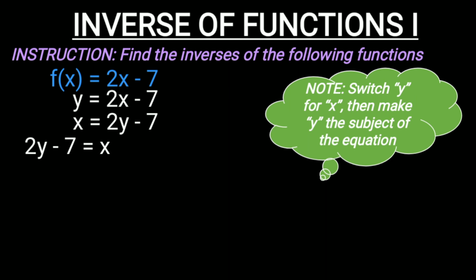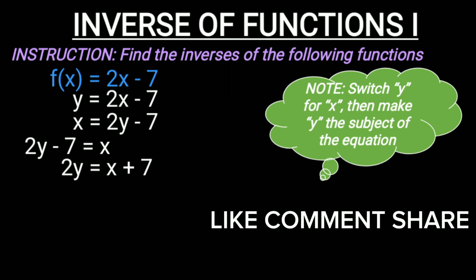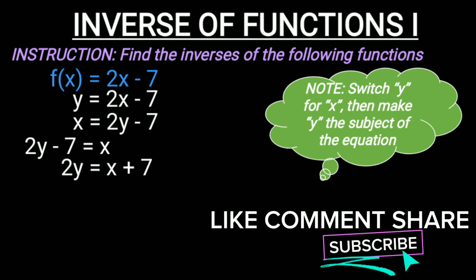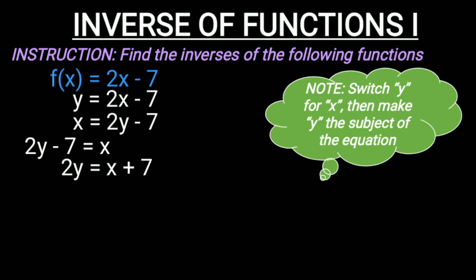So the next step we want to take here is to move 7 to the other side of the equality sign, and that becomes 2y equal to x plus 7. That's minus 7 on one side; it will become positive 7 on the other side of the equality sign. And then since we have 2 as the coefficient of y, the next thing we want to do here is to divide both sides by the coefficient of y, which is 2.